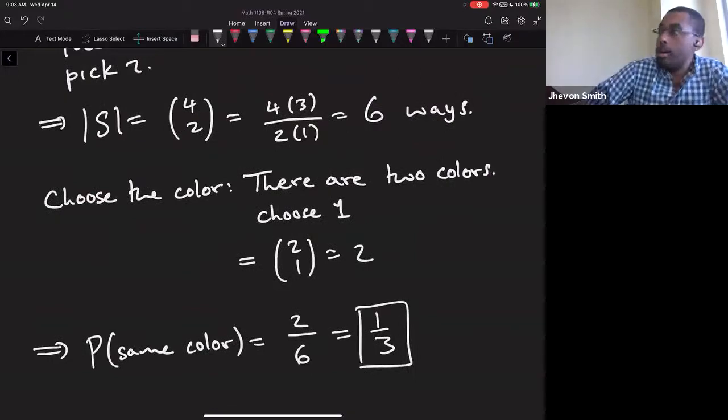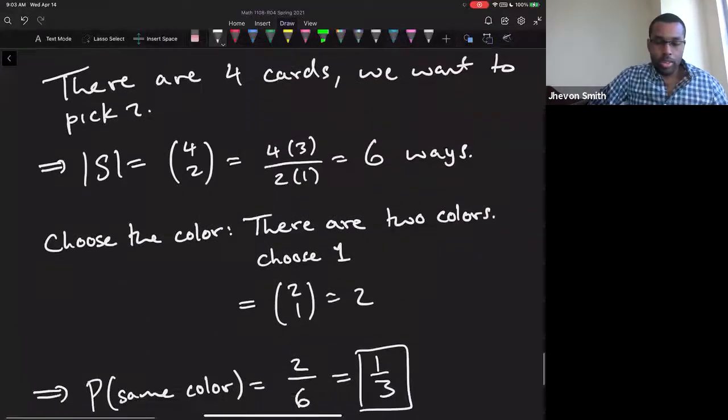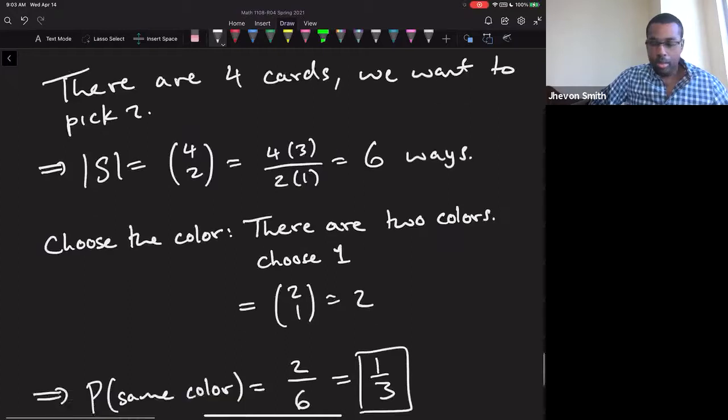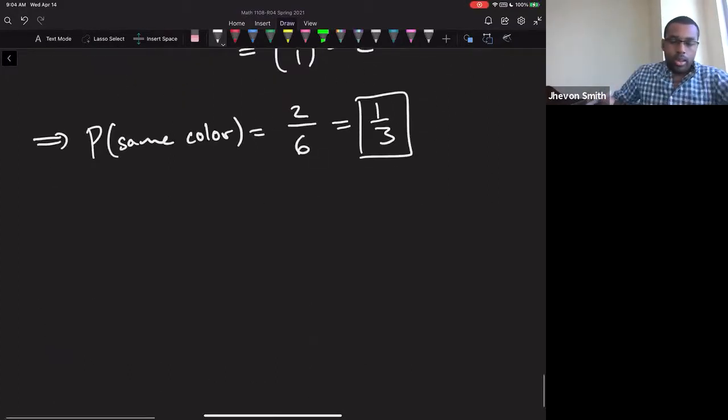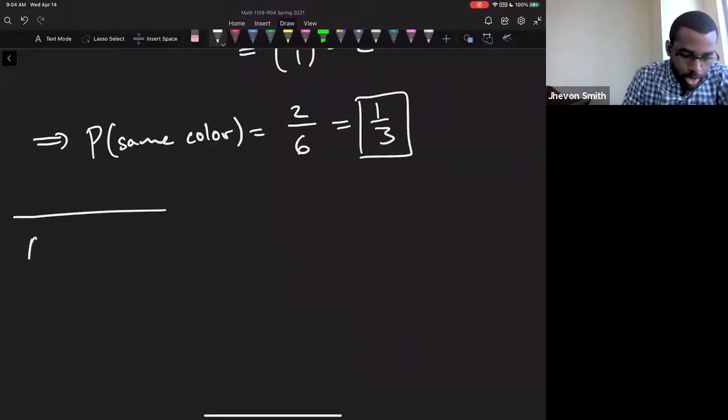Yeah, that works. Wasn't the way I was going to show you, but that does work. Right? That follows the principles. You figure out the size of your sample, figure out how many ways you can get what you want, you divide them. Another way.